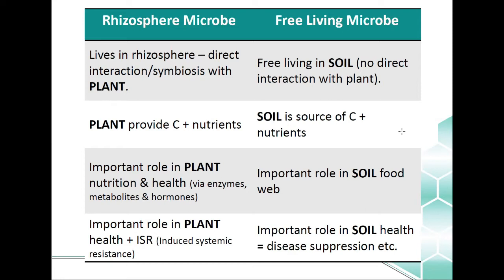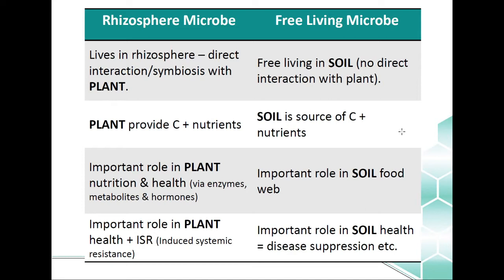The rhizosphere microbe gets its carbon and nutrients from the plant, whereas for the free-living one the soil is its source of carbon and nutrients. The rhizosphere microbe is obviously important in plant nutrition and health via the production of enzymes, metabolites, and all these other signaling molecules, whereas the microbe that is not plant associated is part of the soil food web in the bulk soil. So it's a totally different dynamic that's going on there versus the rhizosphere.